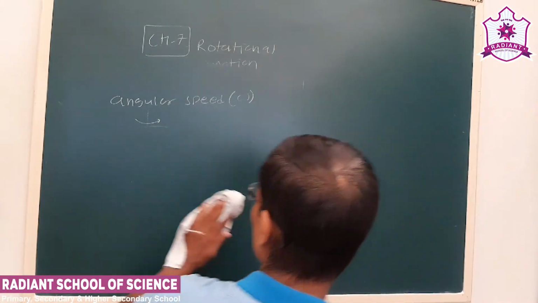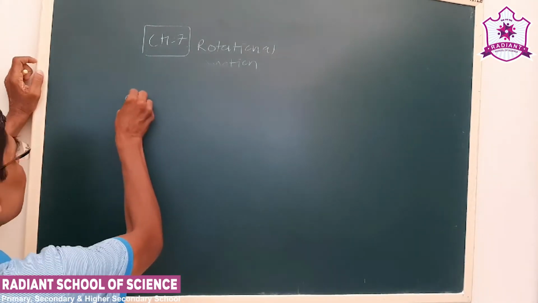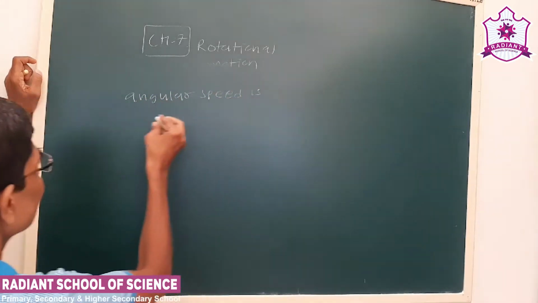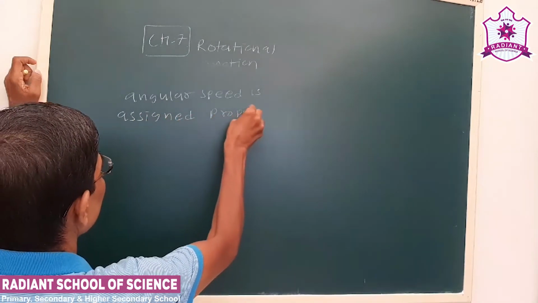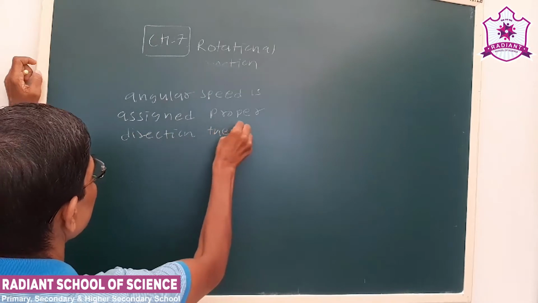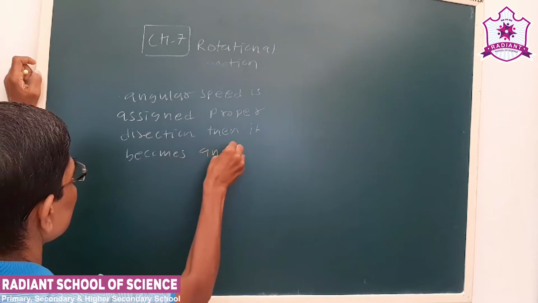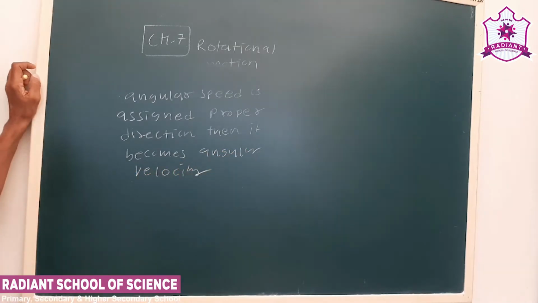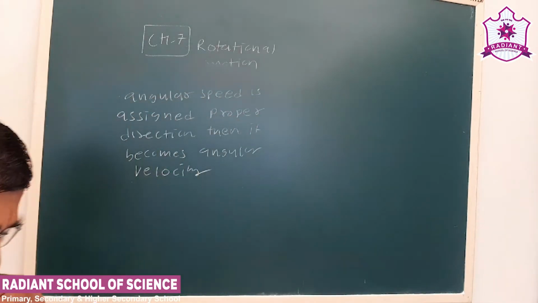If angular speed is assigned proper direction, then it becomes angular velocity.